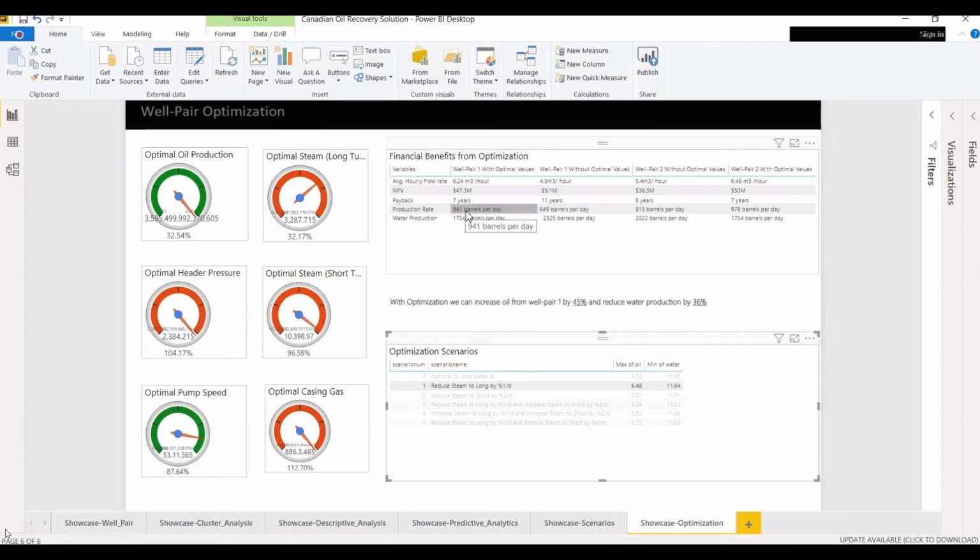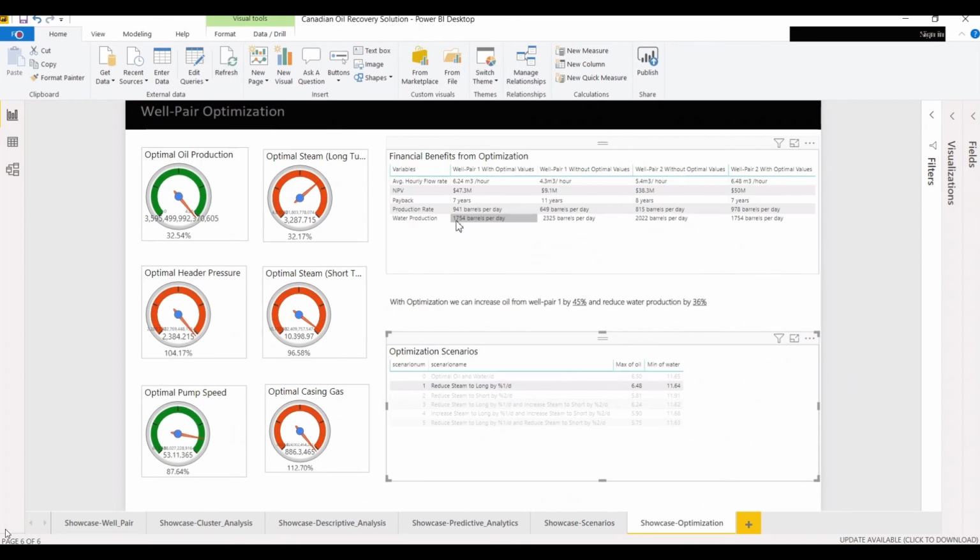The production rate for using our solution with optimal parameters is 941 barrels per day versus 649 barrels per day without our solution. The other interesting thing to note here is that we can increase oil production from 649 to 941 for this particular well pair, and actually do it using less water.